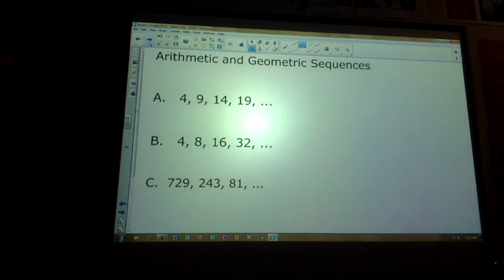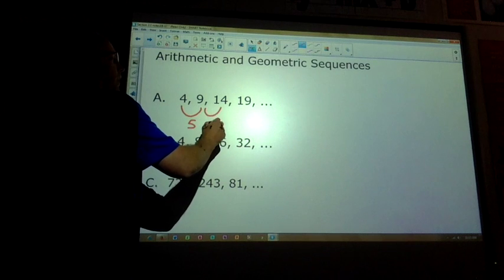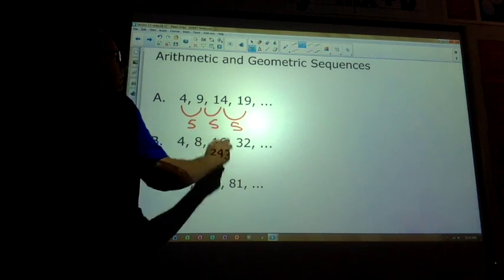All right, so arithmetic and geometric sequences. Okay, arithmetic basically means we're adding or subtracting to get to the next one. And geometric means there's some sort of multiplication scale factor that's going to take place. Okay? So, plus 5. What's this one? Plus 5 plus this. Okay?